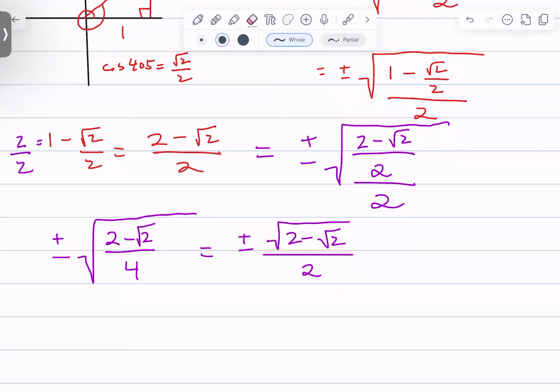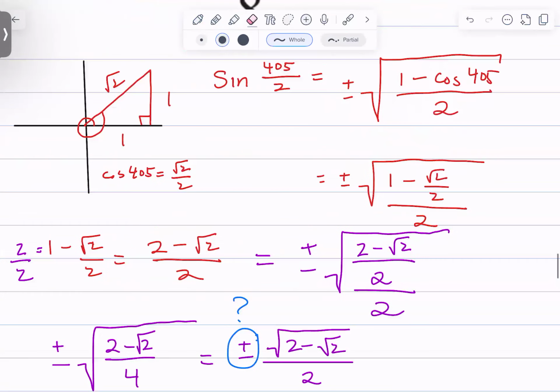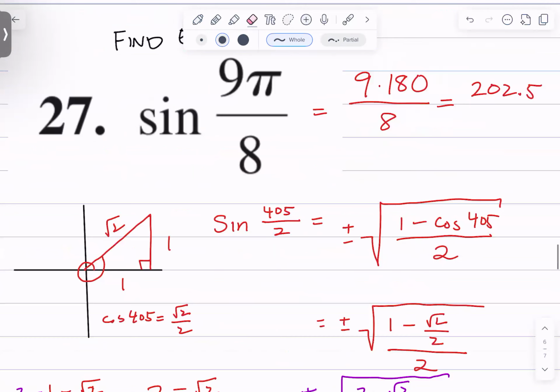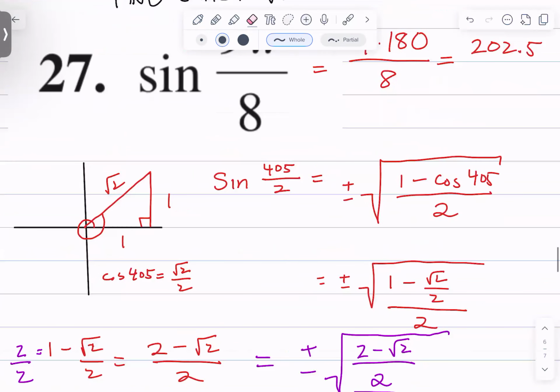Now, do you know if it's a plus or a minus? That's the question. We have to figure out if it's a plus or a minus. Well, 202 degrees is in my third quadrant, where sine would be negative, right?